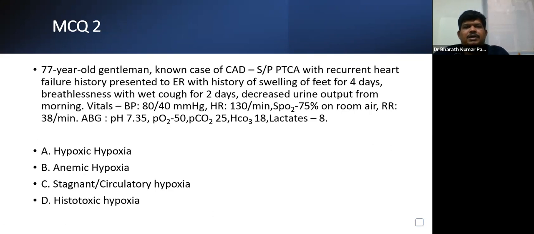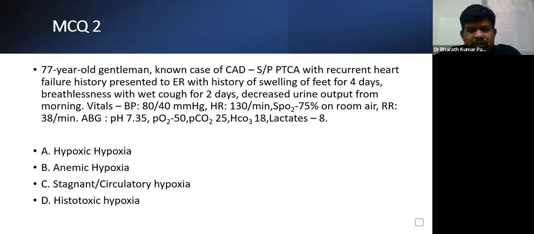So we'll move forward. Second question, I'll read it. 77-year-old gentleman, known case of coronary artery disease post PTCA with history of recurrent heart failures. Presented to ER with history of swelling of the feet for 4 days, breathlessness with wet cough for 2 days, decrease in the urine output from morning.